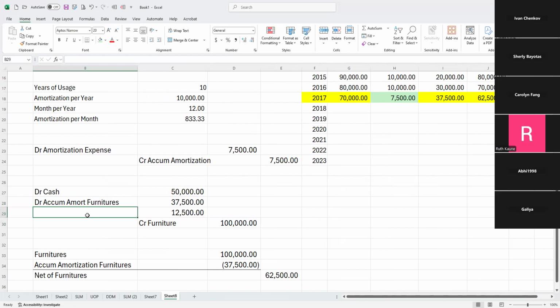What does the 12,500 represent to me now? Loss. Loss on what? Why am I losing money? Loss on sale of furnitures. Make sense?